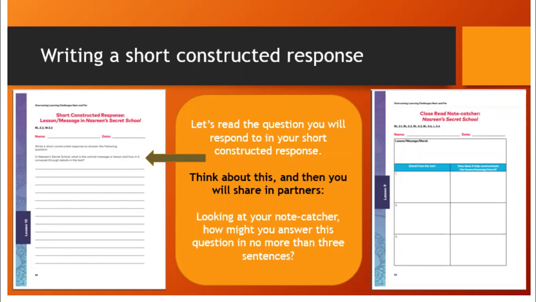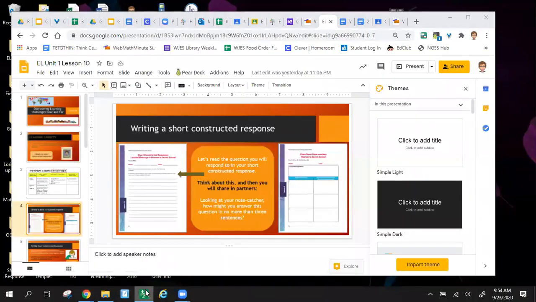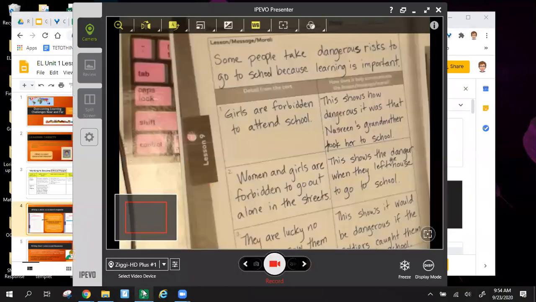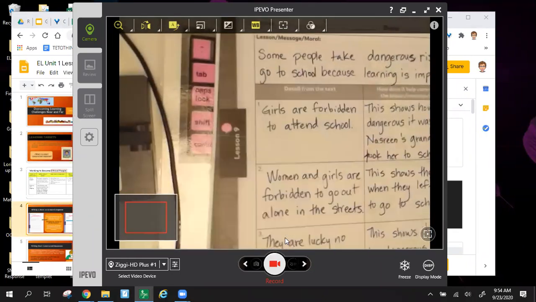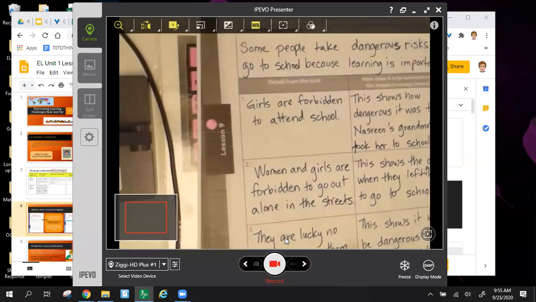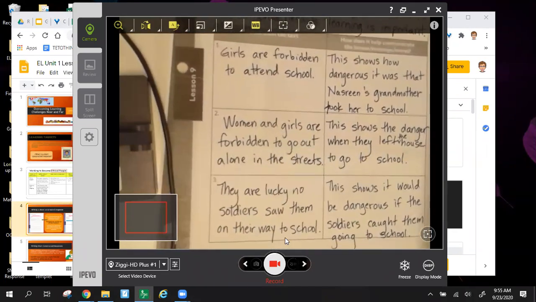So this, I'm going to put it into the dot camera, and you guys are on page 16. Can everybody turn in their workbook to page 16? I'm going to edit it for a second here. All right. On page 16, we wrote some notes, some details from the text. And my friends at home, hopefully you filled in page 16, because this is going to help you today.